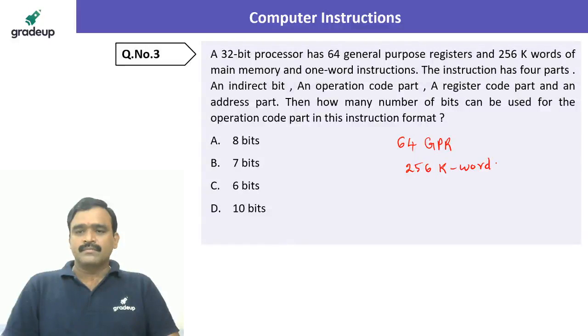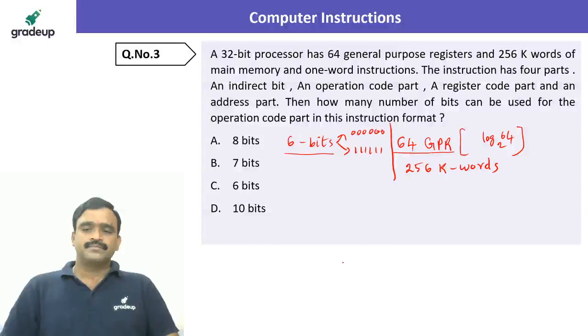When there are 64 general purpose registers, one register can be identified using 6 bits, because log 64 bits are required to identify one register. Using 6 bits, we can have register addresses from 6 zeros to 6 ones, a total of 64 values.